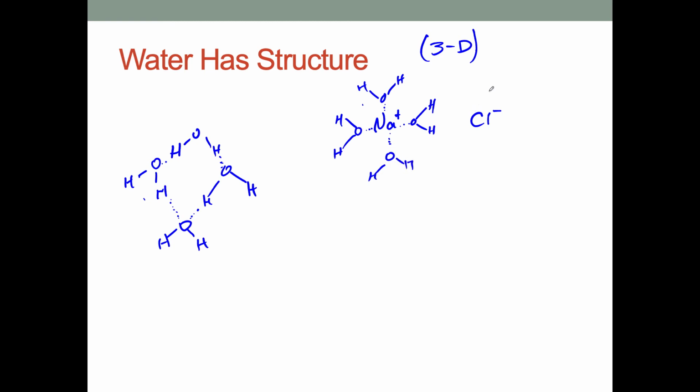And here the chlorine will attract the hydrogen in an electrostatic interaction. It's not a hydrogen bond, but it's an electrostatic interaction, because there's no other oxygen or nitrogen here, it's just the chlorine with a negative charge, you're still going to get this type of interaction.